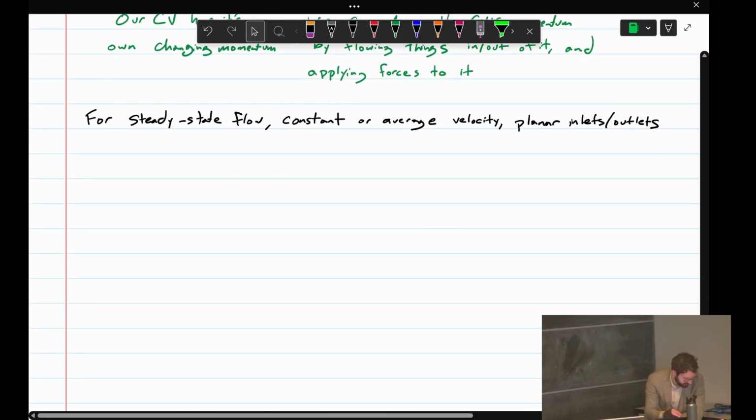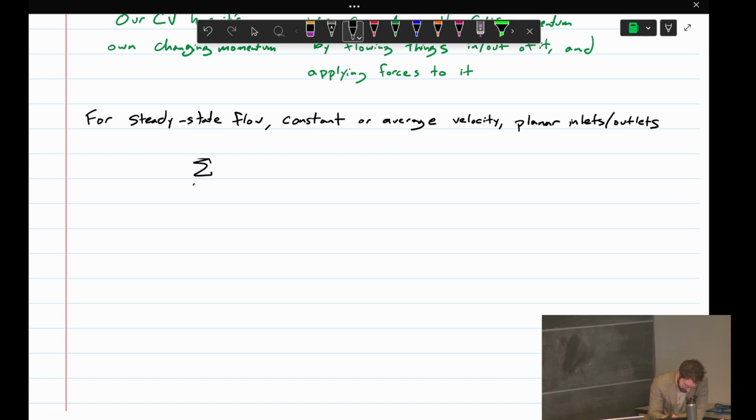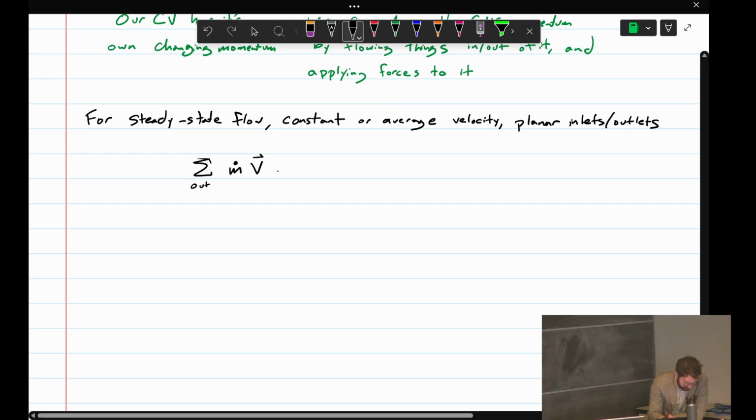So we can use the following equation. So we sum over our outlets, m dot v, minus the summation over our inlets, m dot v. So again, this is a vector equation.